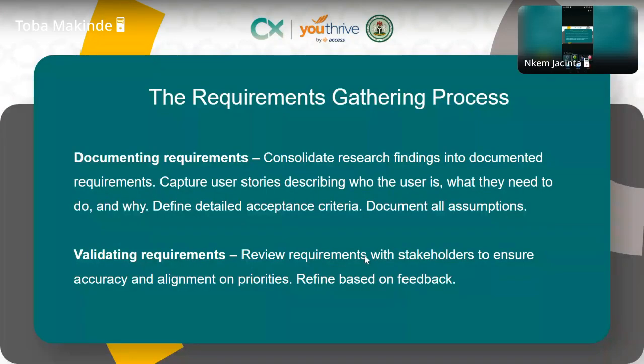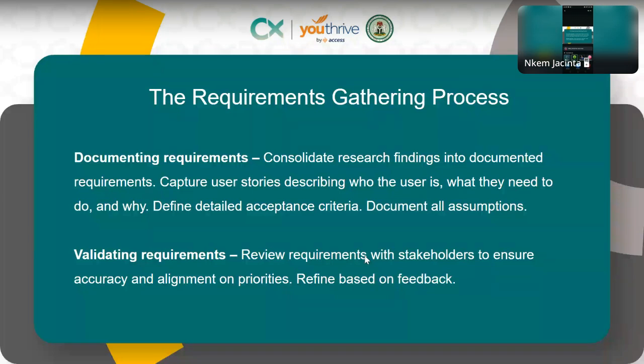Who your user is, what they want to do, what they want to achieve, and why they want to achieve that. Define detailed acceptance criteria and document all possible assumptions, because at some point you have to validate every assumption that you have. The general requirements document for a product manager, we call it PRD, product requirement document. That's the general term that we use for our requirements.